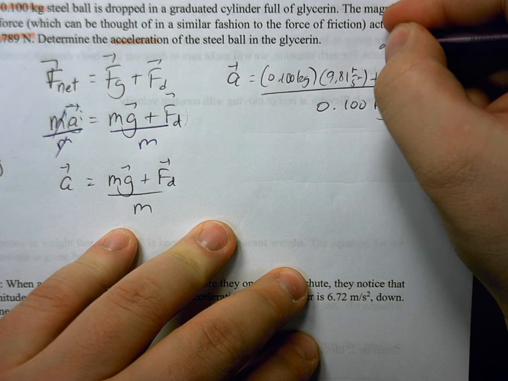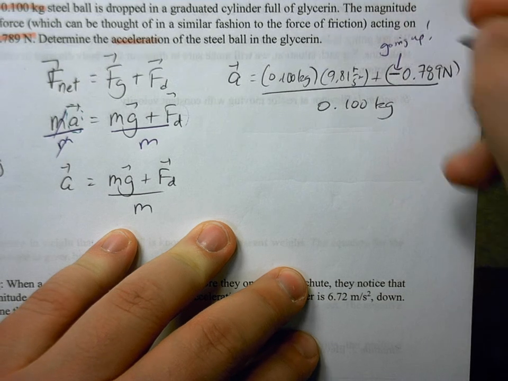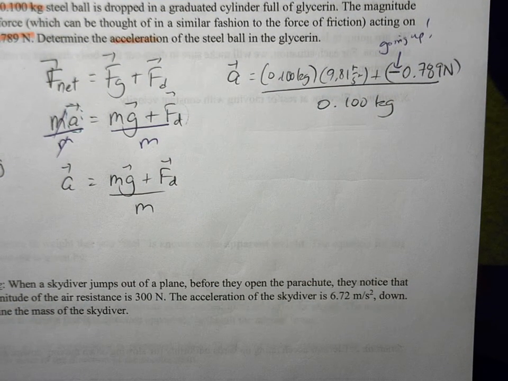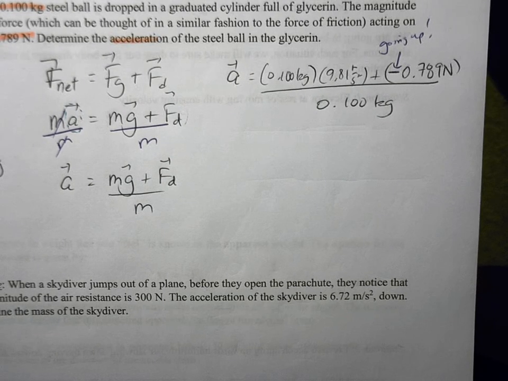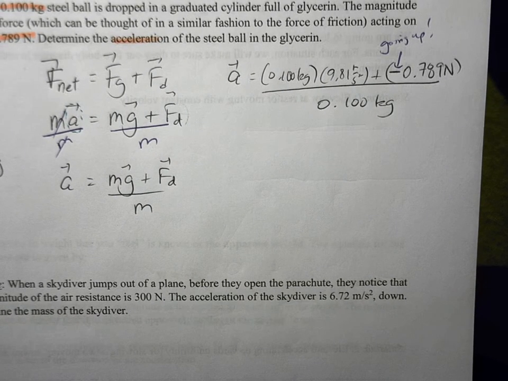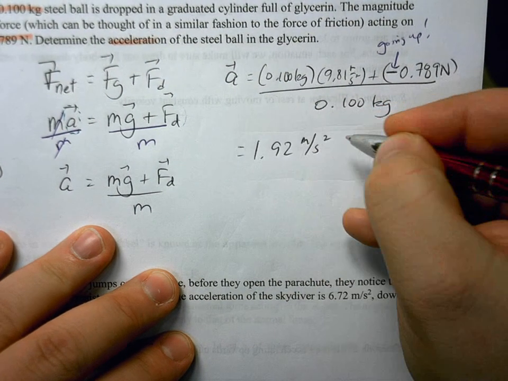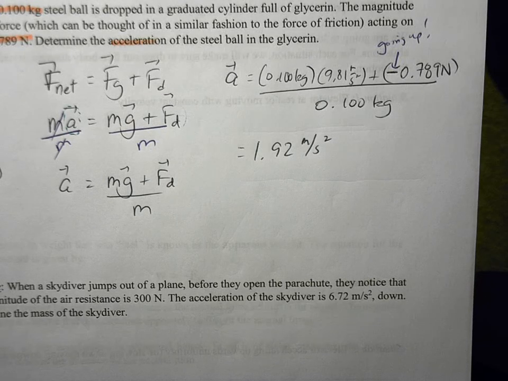If we don't put that, we're not going to get the right answer. So let's calculate that. If I do this really carefully in my calculator, I'm going to get about 1.92 meters per second squared, which is good.